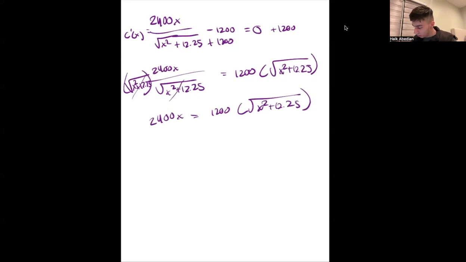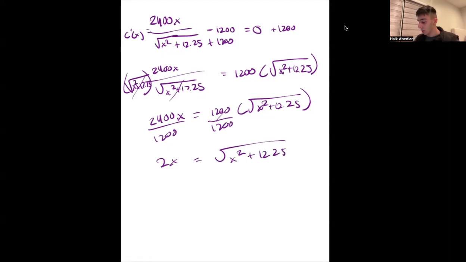What else can we break down? Actually, I think it would be better to divide. That would make a little more sense. This leaves us with 2x equals the square root of x squared plus 12.25. This looks a lot simpler than before.